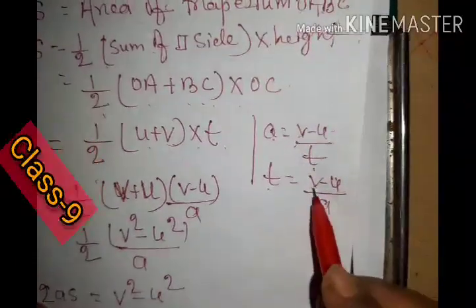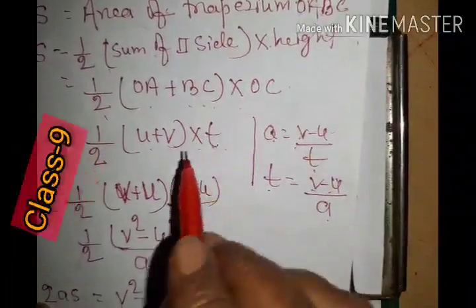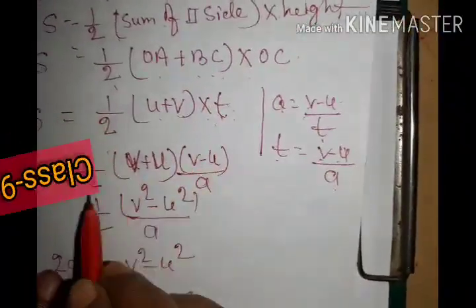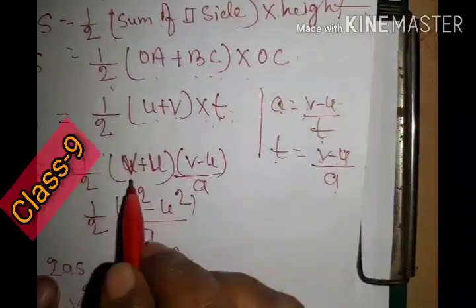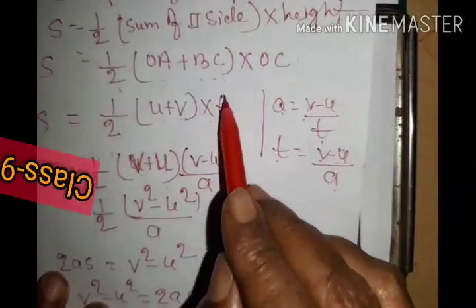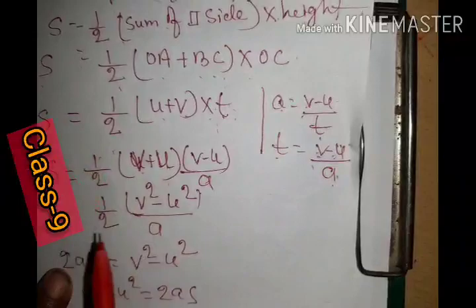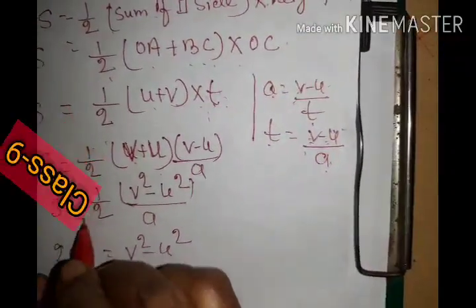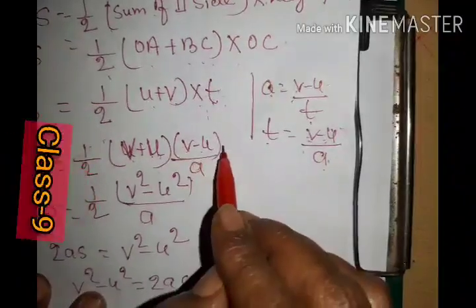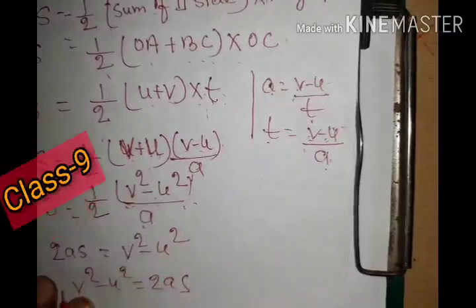The value of t is v minus u by a. Put this value of t in. So S is equal to half v plus u into v minus u by a. Now S is equal to v plus u into v minus u, that is v square minus u square, by 2a.